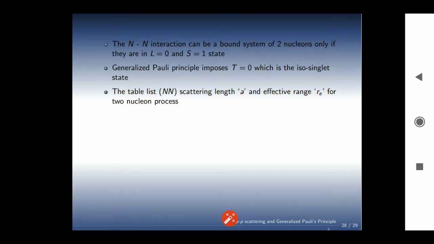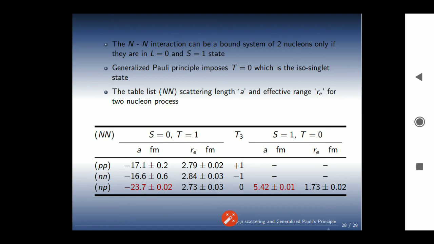Isospin singlet can have only one value, whereas isospin triplet can have three values as shown in this table. Now carefully observe this table. For isospin triplet, this one, we have three values. For isospin singlet, we have only one value as shown here below this column.